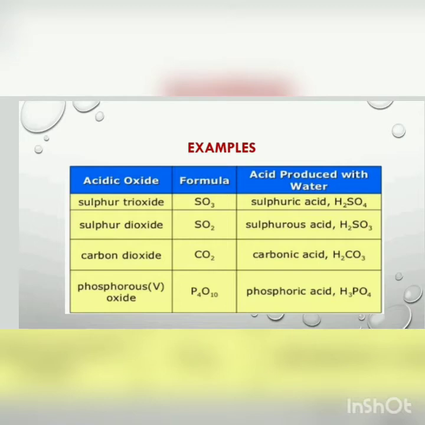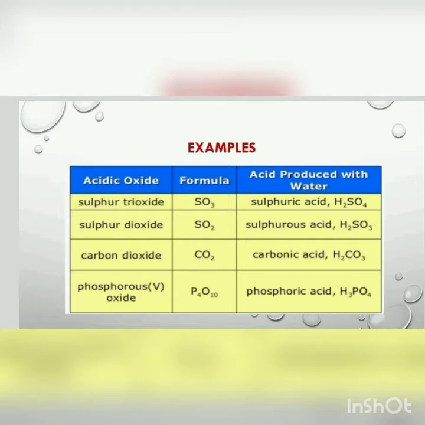The first one, sulfur trioxide, is an acidic oxide. Why is sulfur trioxide an acidic oxide? Sulfur trioxide dissolves in water and forms sulfuric acid, that is H2SO4, and sulfur dioxide also reacts with water and forms sulfurous acid.